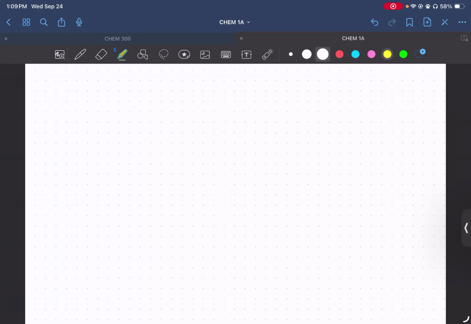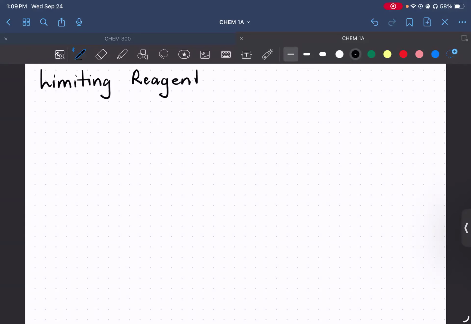The last topic we'll cover for today is what's known as the limiting reagents. Sometimes you might see online or in textbooks limiting reactant.